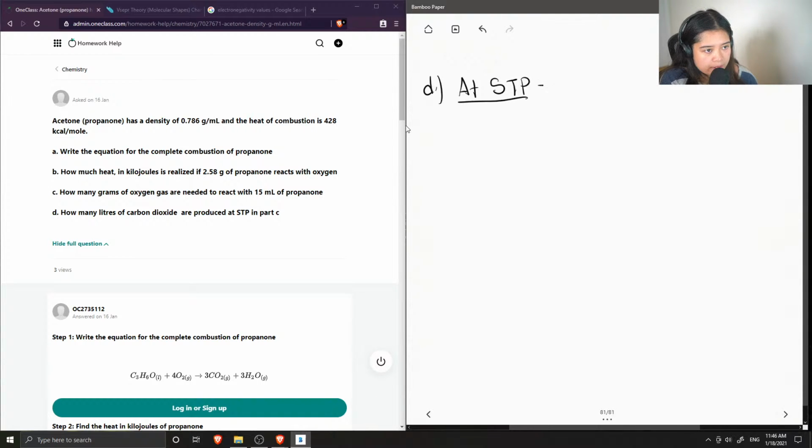So at STP, the molar volume value is 22.4 liters. So at standard temperature and pressure, volume is equal to 22.4 liters, and number of moles is equal to 1. So we can just multiply 22.4 liters by the mole ratio of 3 moles of carbon dioxide.